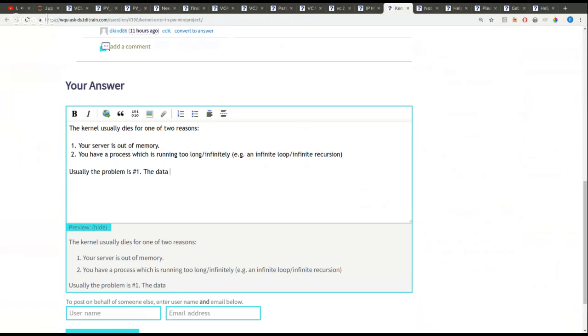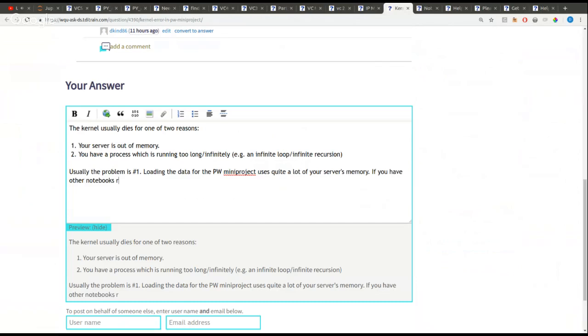Loading the data for the PW Mini project uses quite a lot of your server's memory. If you have other notebooks running, it's possible that you will not have enough memory to load the data.